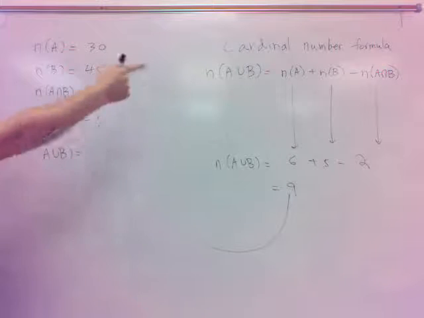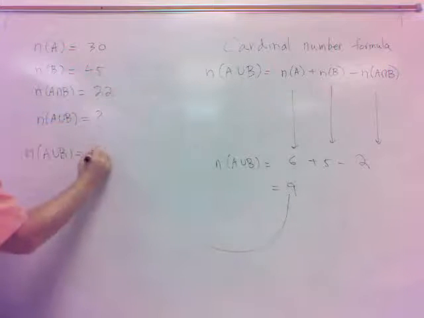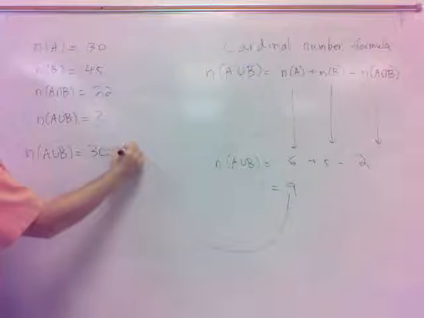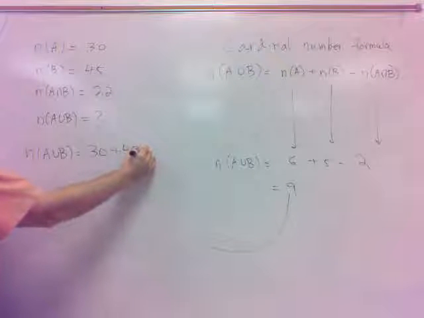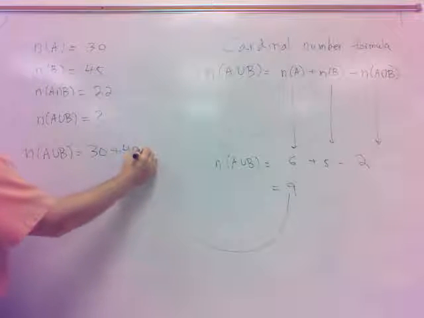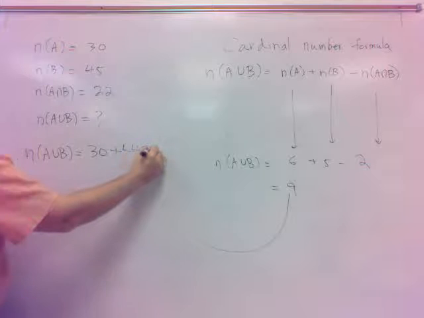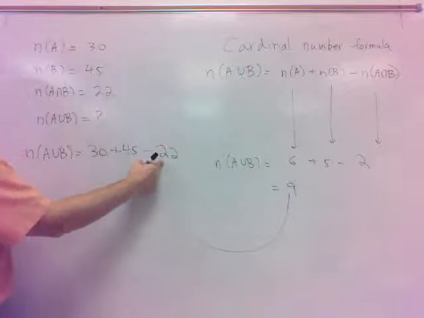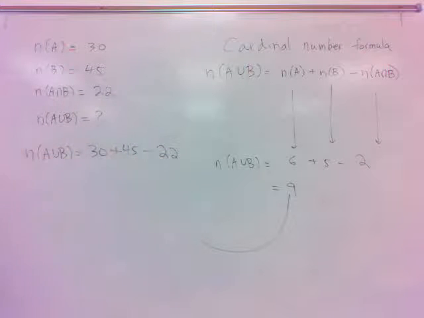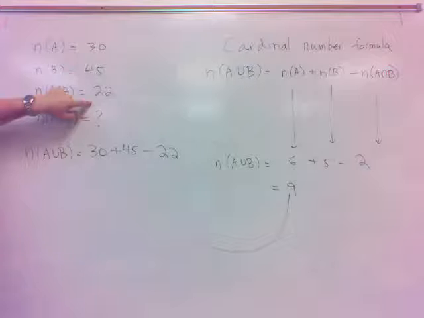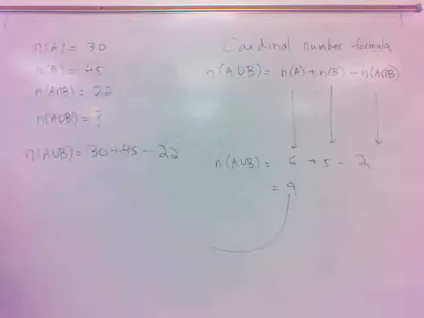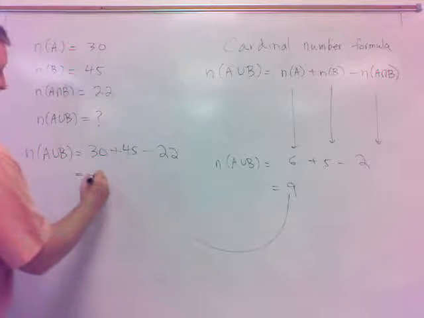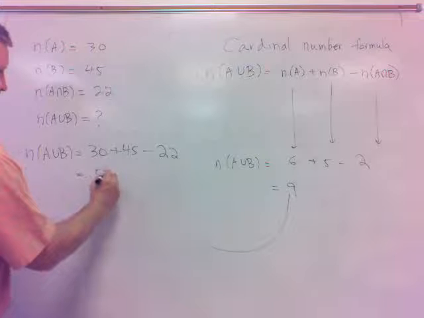Well, I'd take the number in A, which is 30, add to it the number in B, which is 75, but what else do I need? Then subtract the 22, right? The number in the intersection. So if I add the number in A and B and subtract the 22, that's going to tell me, without even knowing the sets, how many is in the union. 75 minus 22 is 53.